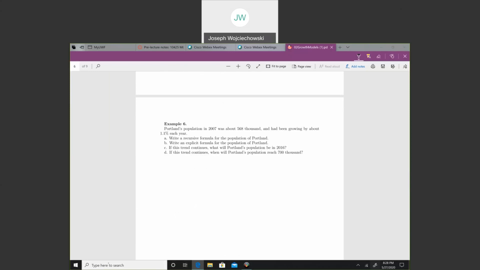Portland's population in 2007 was 568,000, and had been growing by a rate of, well, that's P0. R equals 1.1%, which is 0.011. Write a recursive formula for the population of Portland.